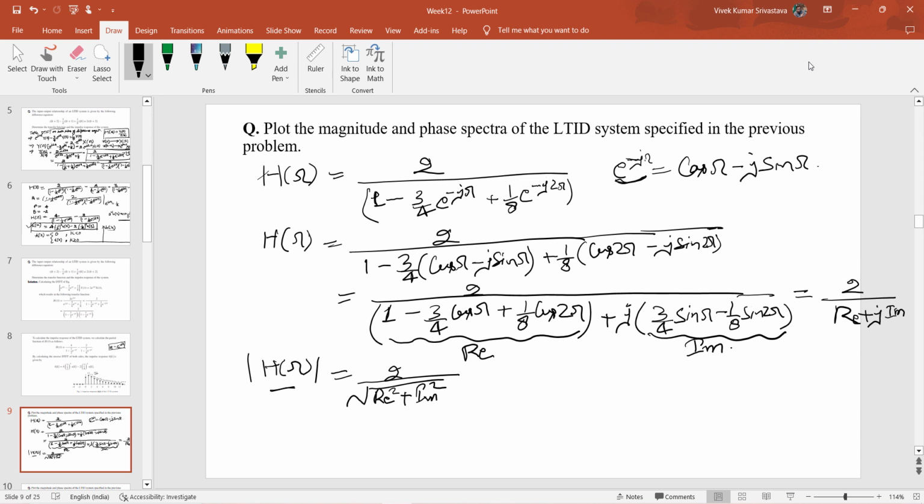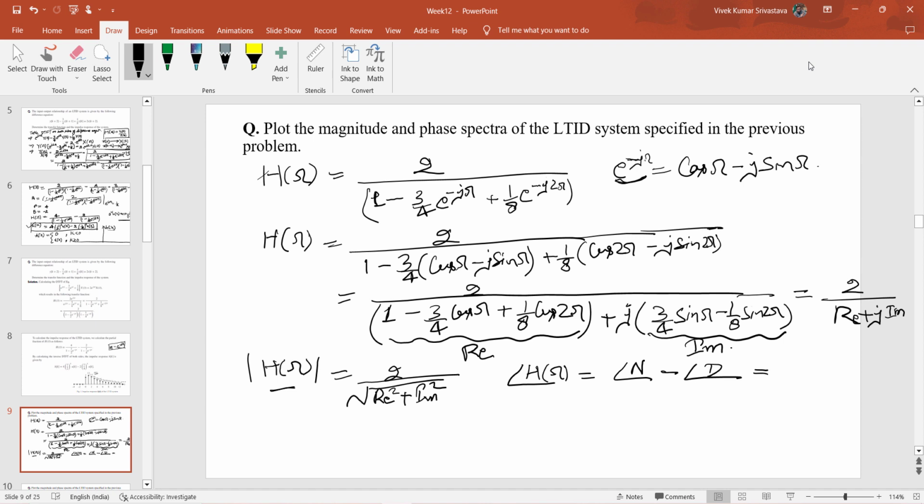And the phase of H of omega we can write as the phase of the numerator function minus the phase of the denominator function.